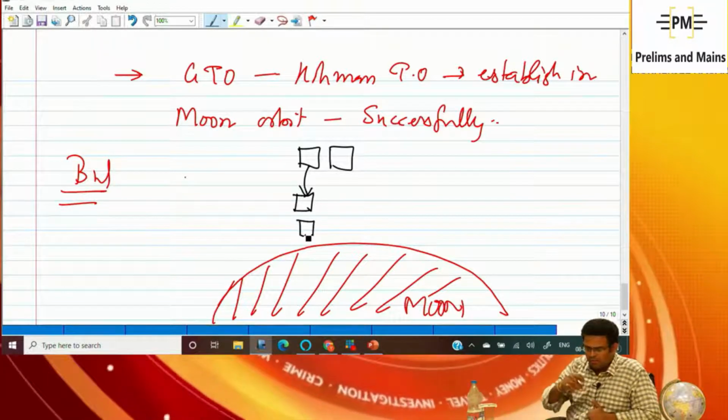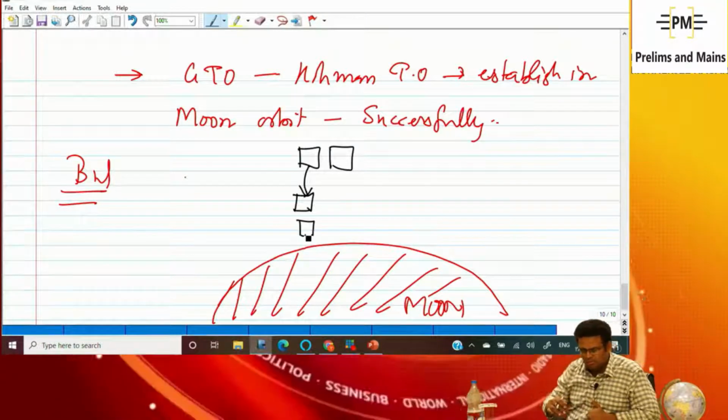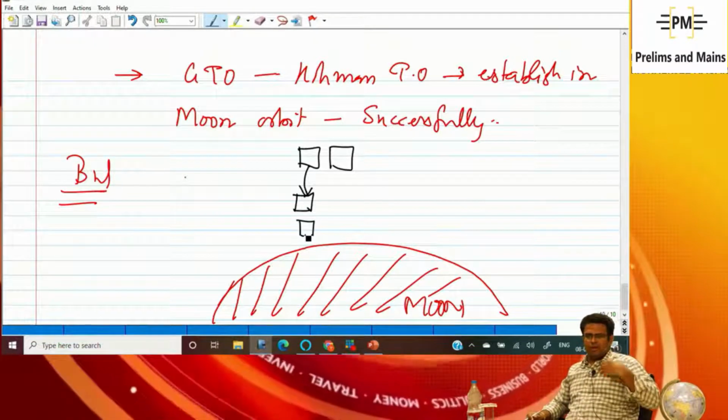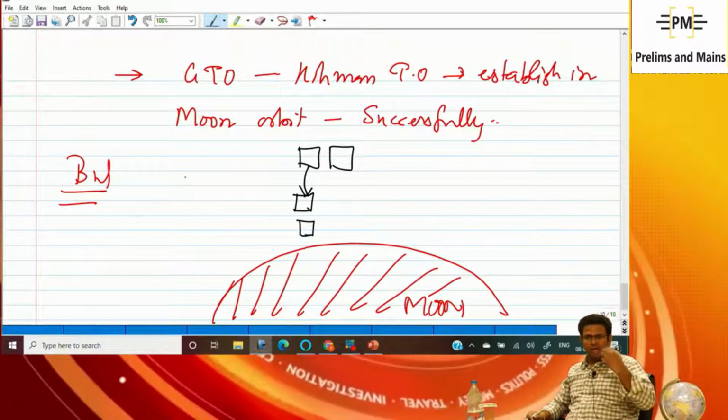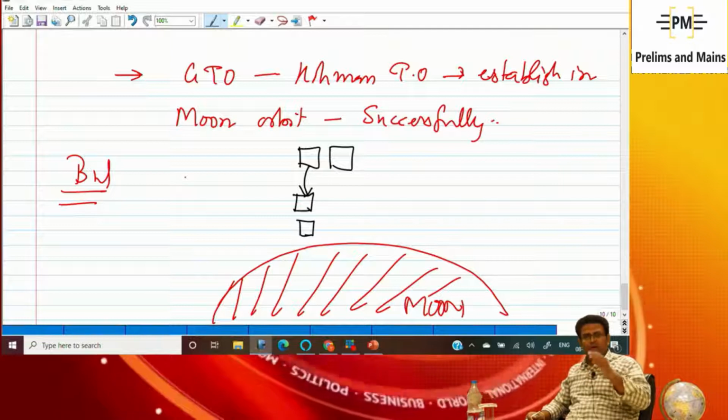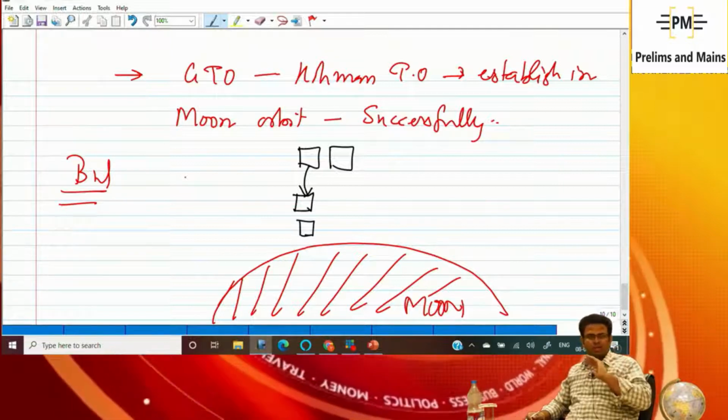When the lander comes down toward the moon surface, every orbiter has a camera, because they have to take pictures, they have remote sensing, they will study the soil, you know that IRS, so many things I talked about.